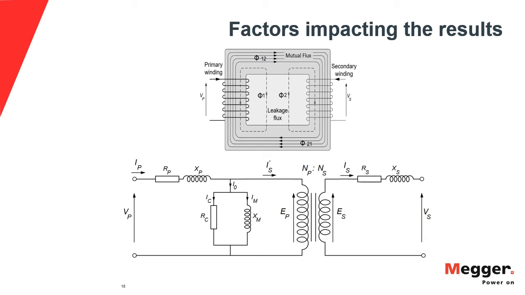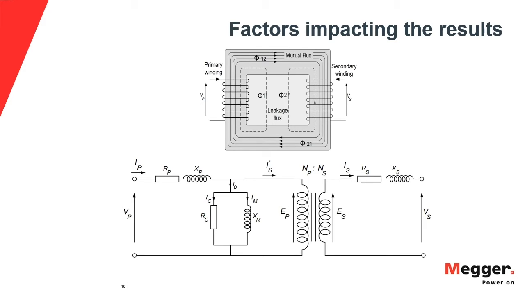Second will be the technique, in terms of which side of the transformer we apply the voltage on, either the primary winding, or the high voltage winding I should say, or the low voltage winding. If we apply voltage on the high side of my transformer, then we do what is called a step down measurement, right?